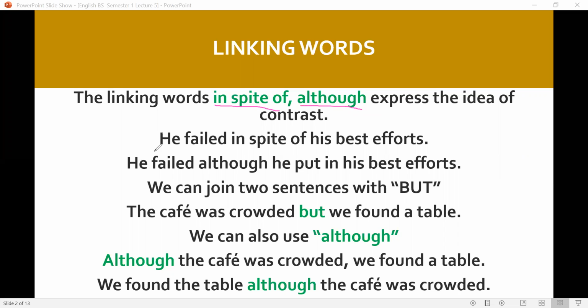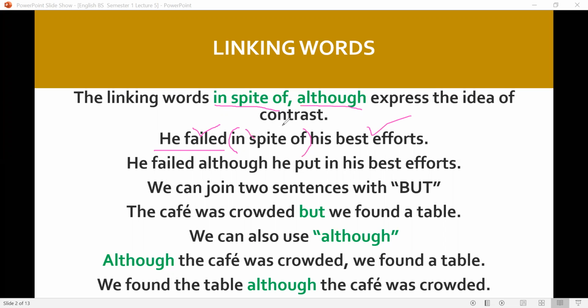He failed. This is an expression. Now, if we are going to contradict this idea or present something different from this, we want to give the reason of what we have said. We use in spite of or although. He failed in spite of his best effort.